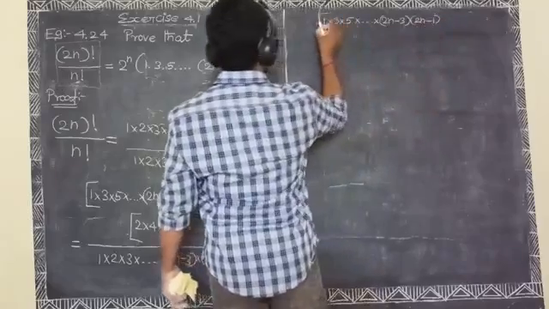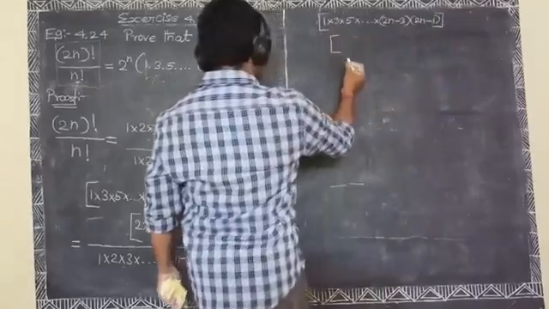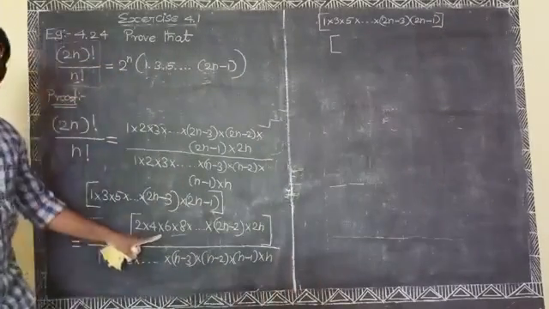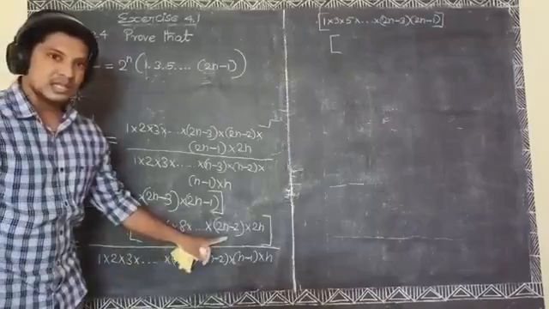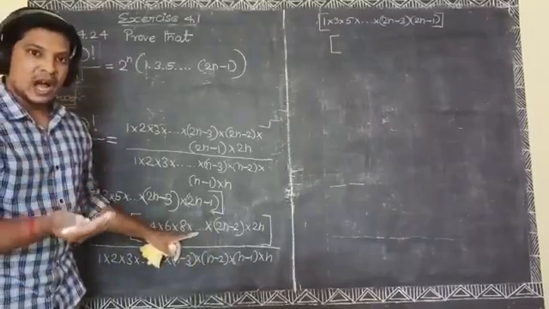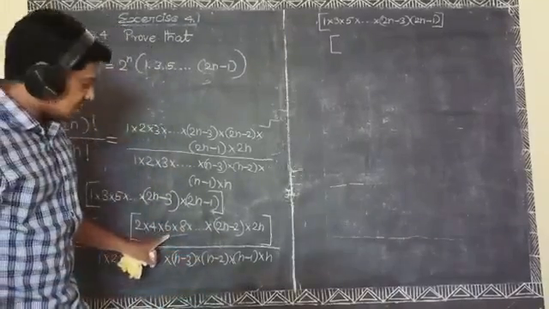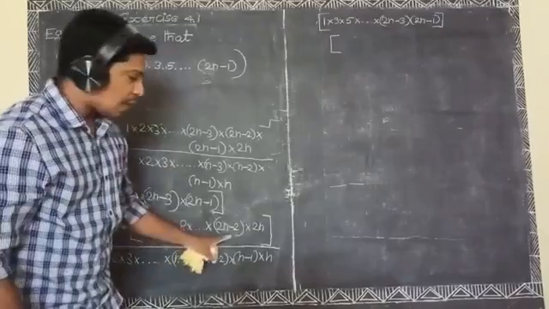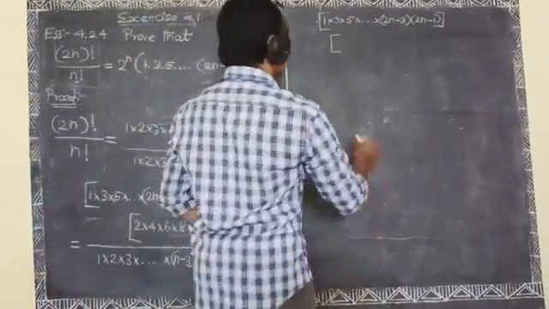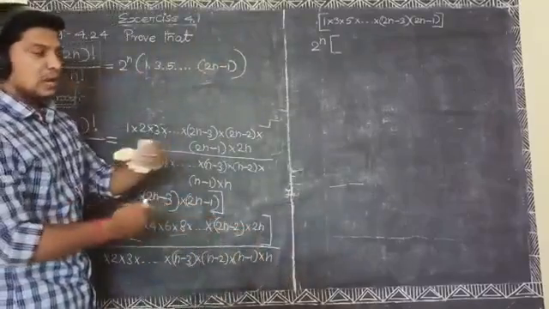This is the product of the collected odd numbers. Then the second term is the product of even numbers. Each term has a multiple of 2. Take 2 outside. First term, second term, third term, fourth term and so on up to the nth term. Therefore 2 power n. Take 2 outside up to n times.